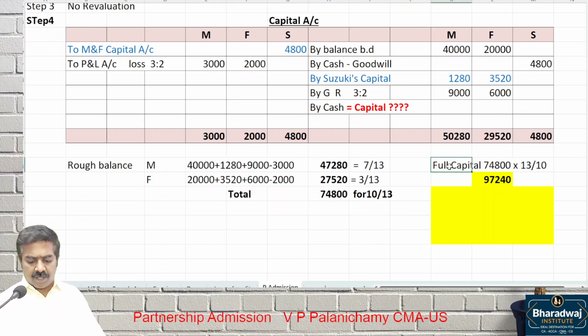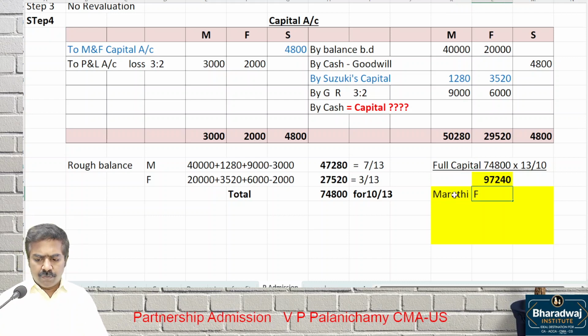So what is the full capital of the firm? 97,240. Based on this, Maruti, Ford and Suzuki want to adjust in which ratio? New ratio. What is the new ratio? 7 by 13, then 3 by 13, and 3 by 13.